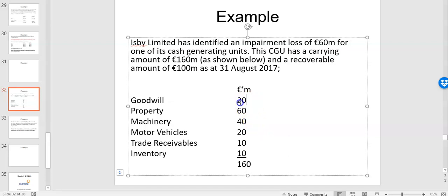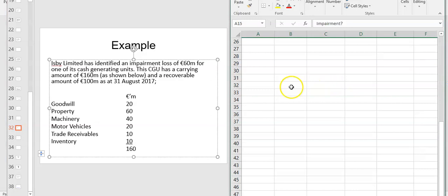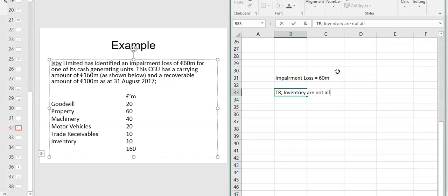So that means we're left with goodwill, machinery, and motor vehicles. Let's talk our way through this because it's a good example of a trickier one. The impairment loss is 60 million. Trade receivables and inventory are not allocated any impairment, as they're outside the IAS 36 remit, and that will get you the marks in the exam.